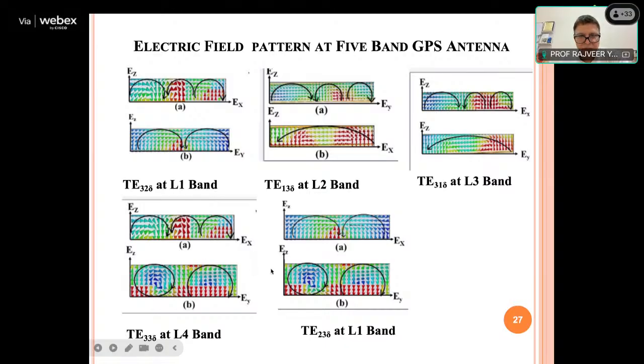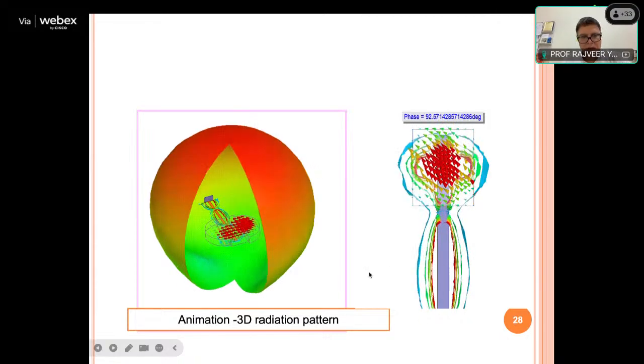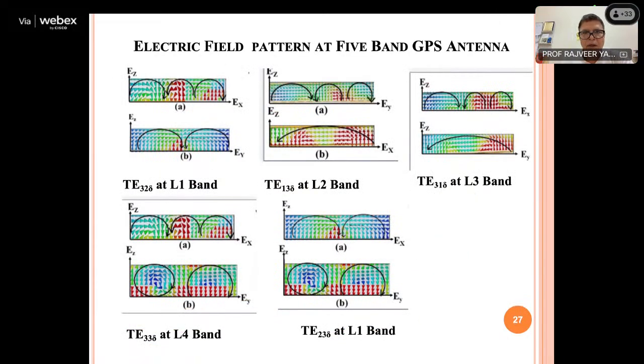Similarly in this plot, there are two half-wave variations in the Z direction and three half-wave variations in the other. Here there is only one half-wave variation in X as well as Z.